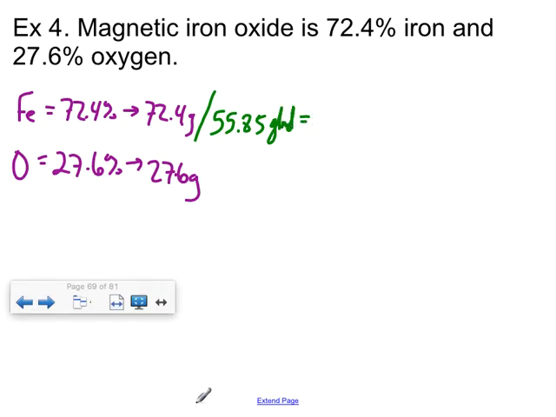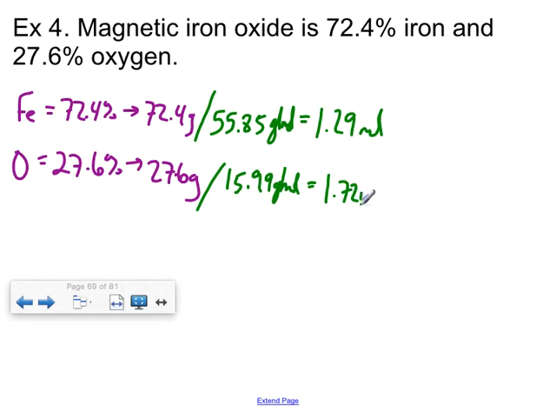So 72.4 divided by 55.85. I get a value of 1.29. Oxygen. Molar mass of oxygen is 15.99. So 27.6 divided by 15.99, I get a value of 1.72 moles.